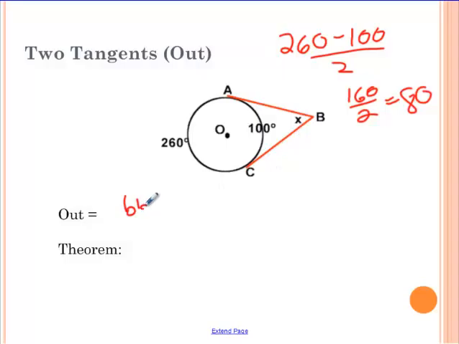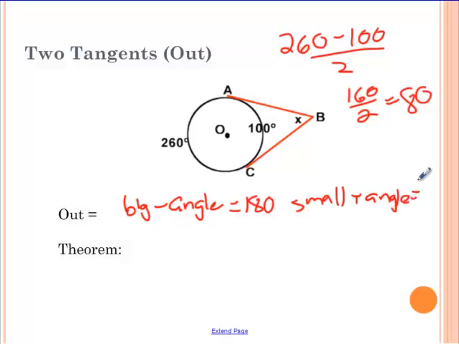So big minus angle equals 180, or small, let me finish writing this, small plus angle equals 180.